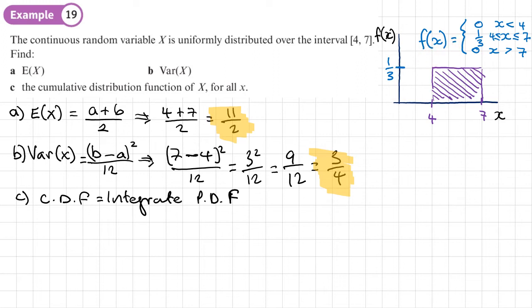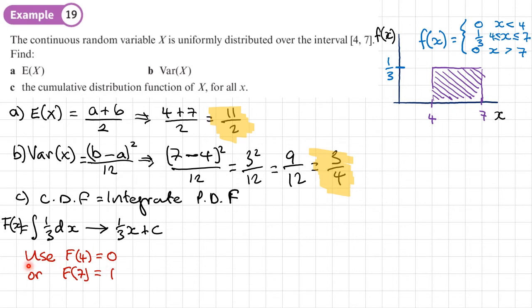That means if I integrate 1/3 with respect to x, that will give me my CDF. So let's do that. That will be 1/3 x plus c. I need to work out the value of c, so I can either put x equals 4, where I know the cumulative probability is 0, or x is 7, where I know that the cumulative probability is 1.